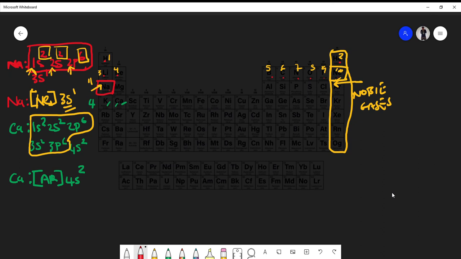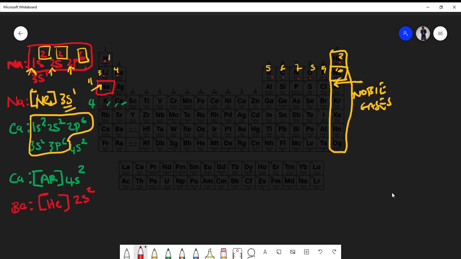Let's do a simpler one. Try this one. How about the shorthanded formula for beryllium? How do we do it? Well, I'm going to look at beryllium. I'm going to look at the noble gas directly above it, which in this case would be helium. So this would be [He] 2s2.